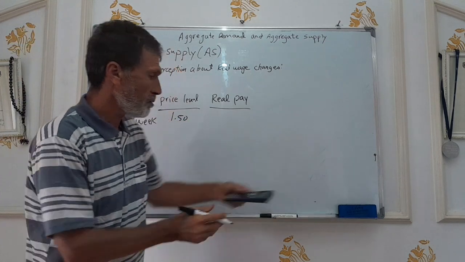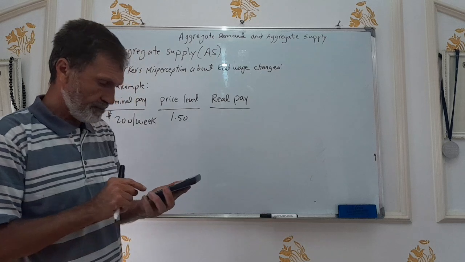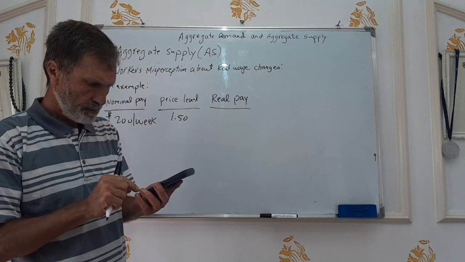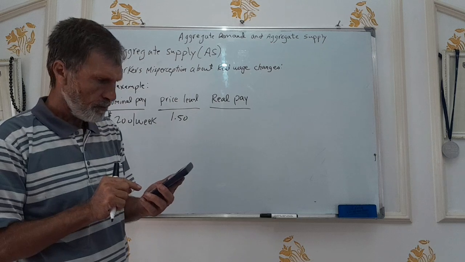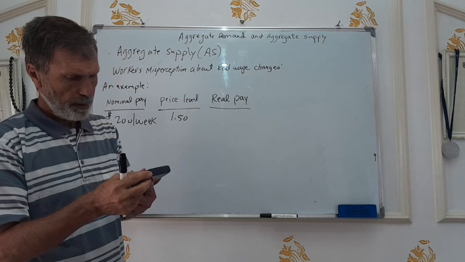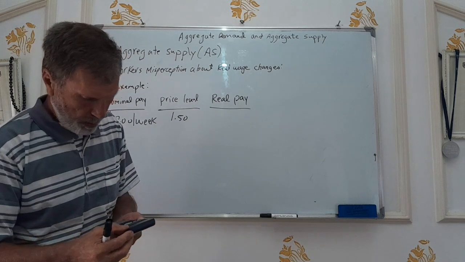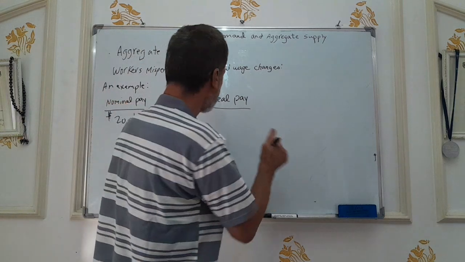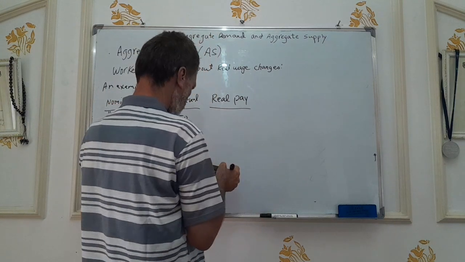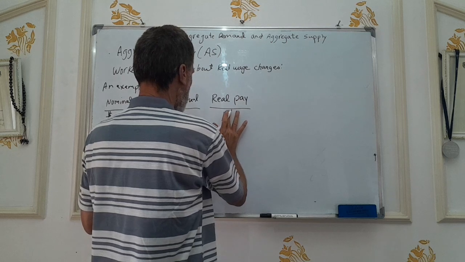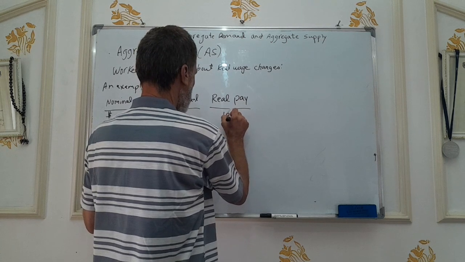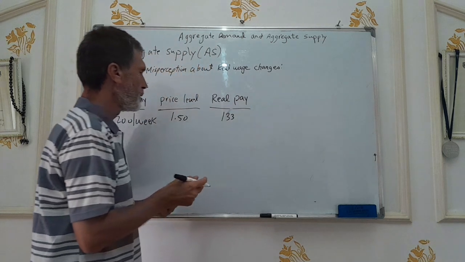Of course, here, when we divide this over that, you get, of course, 133. $133.